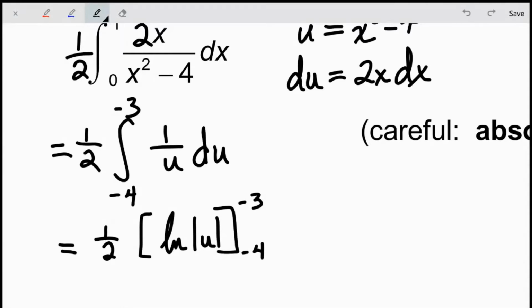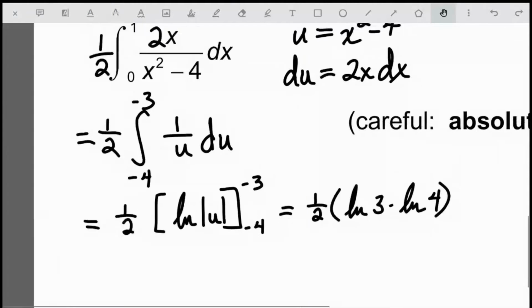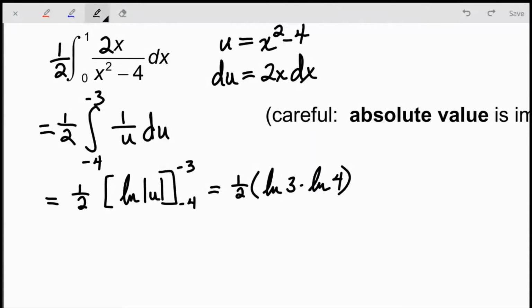So in the end, when I plug everything in, I'm going to get 1/2 times the natural log of 3 minus the natural log of 4. Now, when you have these log solutions, we've seen this before, but it really shows up a lot with these integrals. These answers can show up in a lot of different forms. That's a perfectly acceptable answer. If this was a free response question and you gave me that as your answer, that's totally fine.